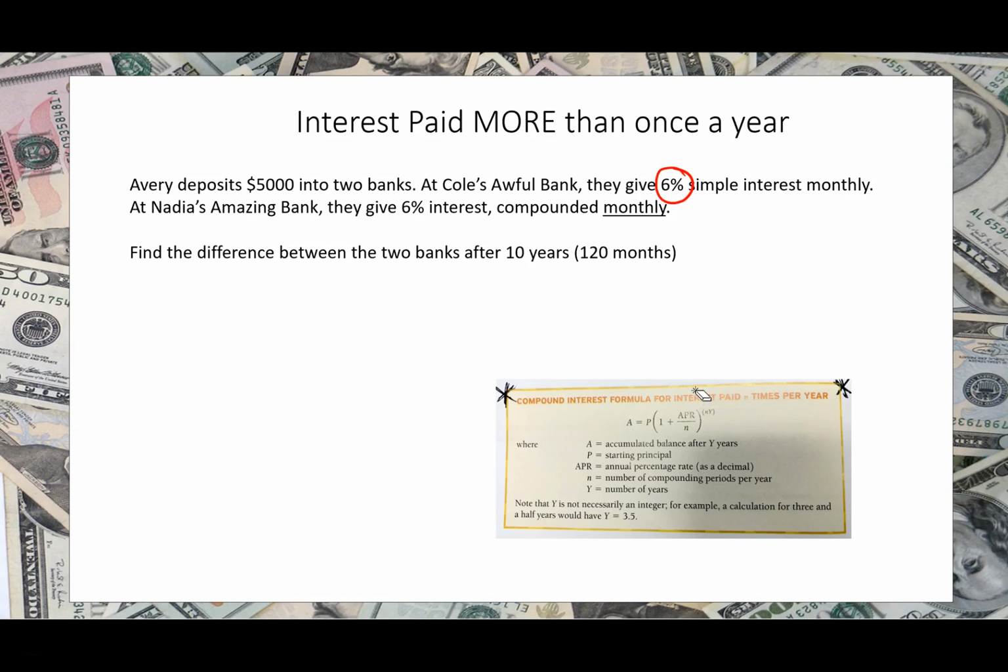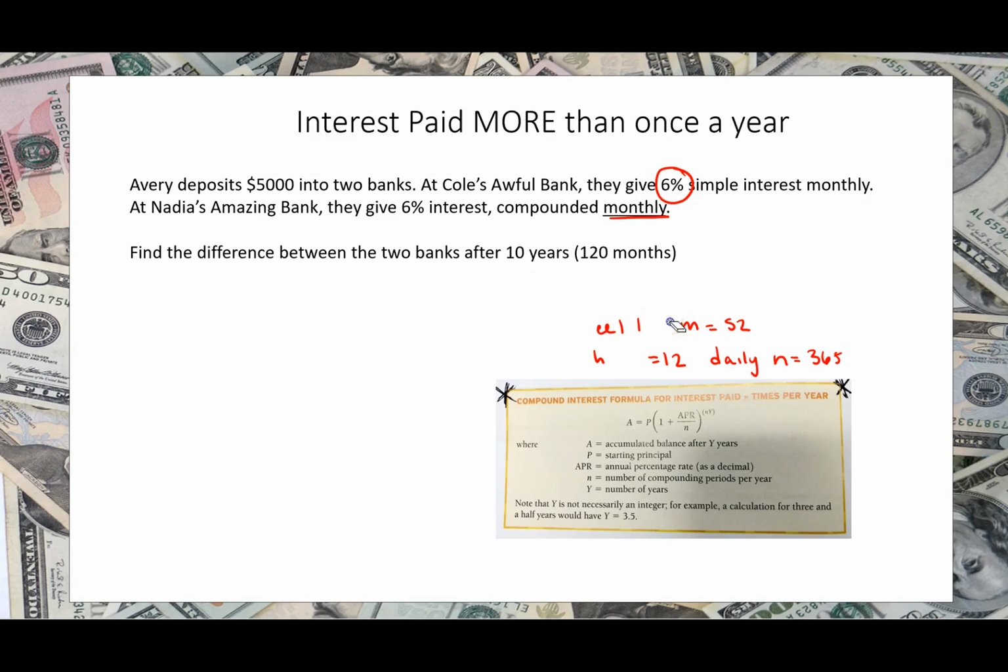So for example, if this is talking about monthly, you're going to get 12 compounding periods a year. So if you're talking about monthly, N is going to be equal to 12. If you're talking about daily, your N is going to be equal to 365. If you're talking about weekly, there's 52 weeks in a year, so your N is going to be equal to 52.